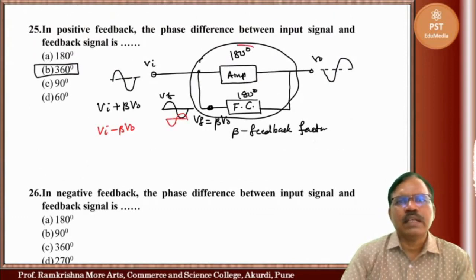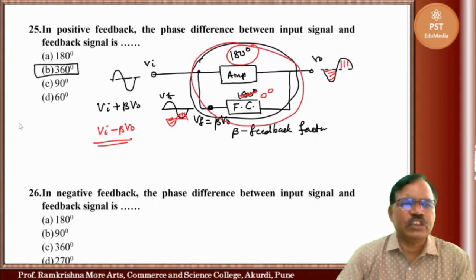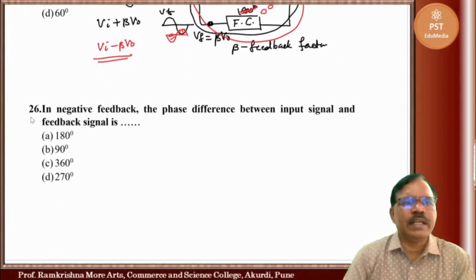So here there is 180 degree phase change, here there is no phase change. For the negative half cycle, we have negative here, and corresponding to positive, we have positive here. So if we go along the closed loop, there is 180 degree phase change. So here it is 180 degree.